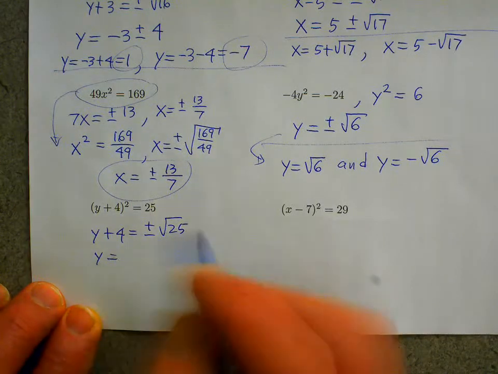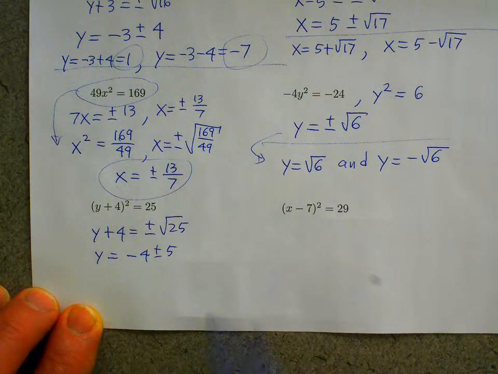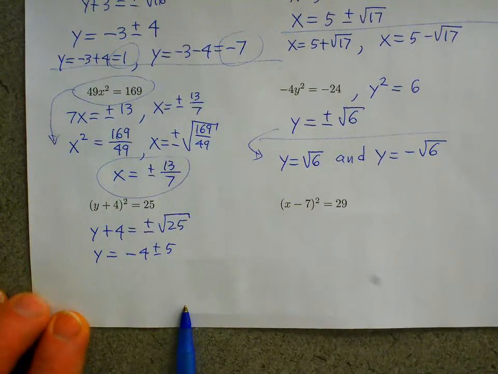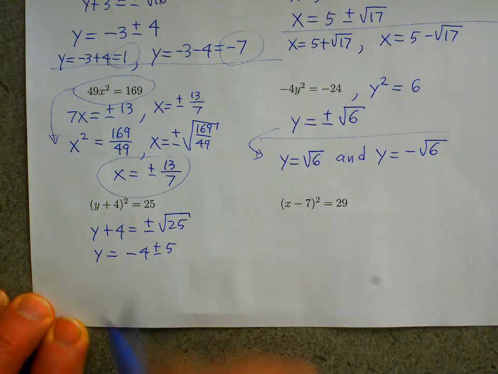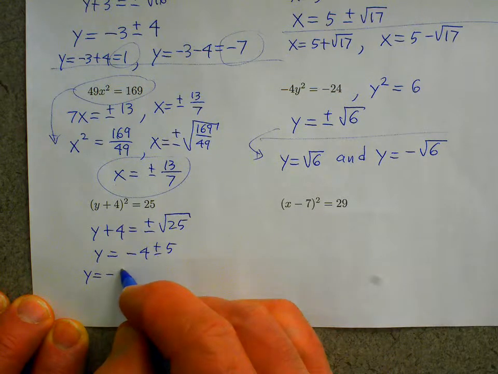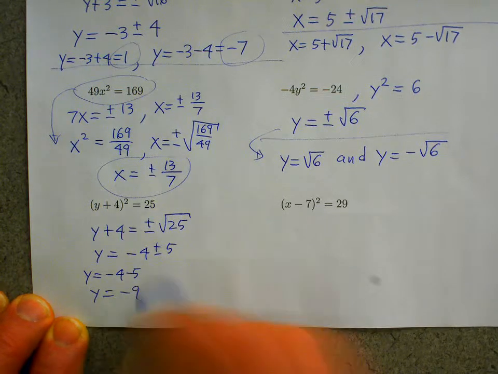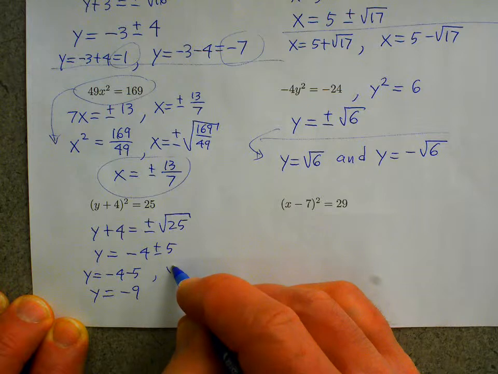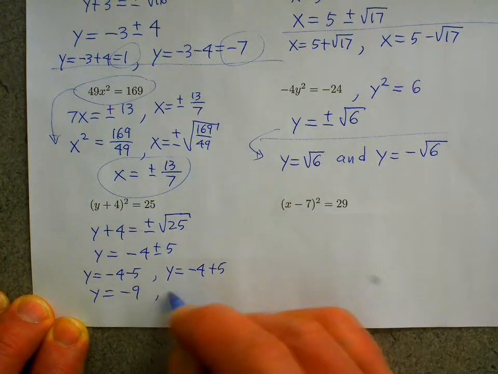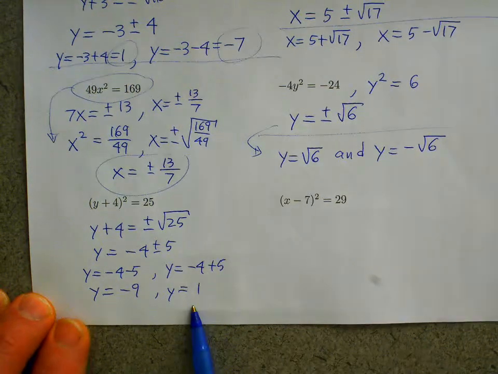And then y equals negative 4 plus and minus 5. And we can simplify further. One solution is negative 4 minus 5, or negative 9. The other solution, negative 4 plus 5, or positive 1. So negative 9 and positive 1 are the solutions.